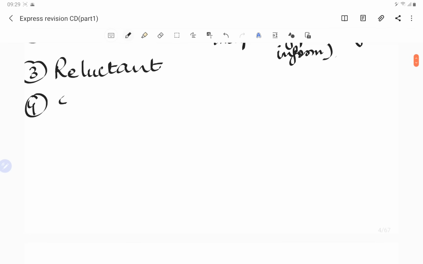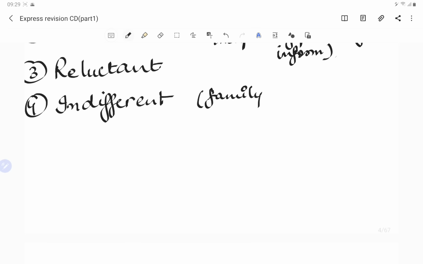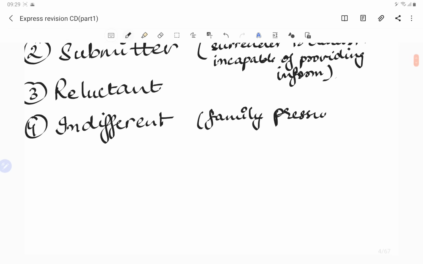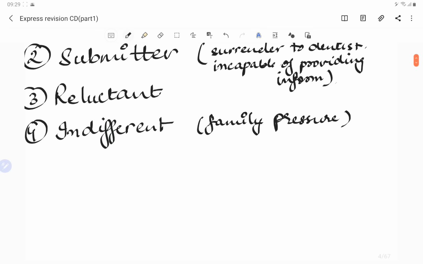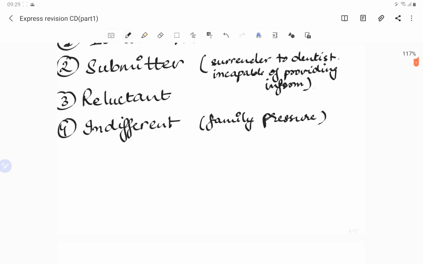Again, we have the indifferent. In the revised classification also we have ideal, and we have indifferent. Indifferent is when the patient comes to you because of family pressure, and is indifferent to the dentist in a way that he is less engaged in the dental treatment. The last one in the revised House classification is the resistant.